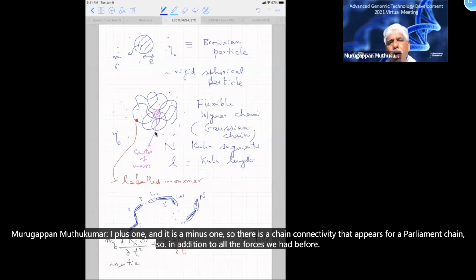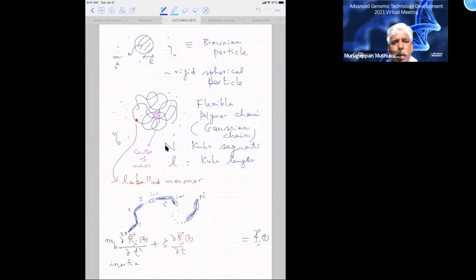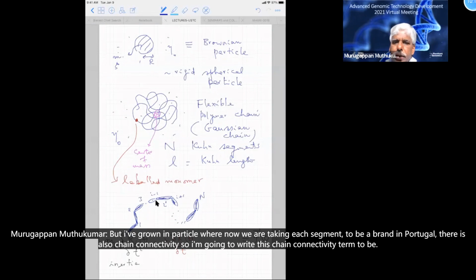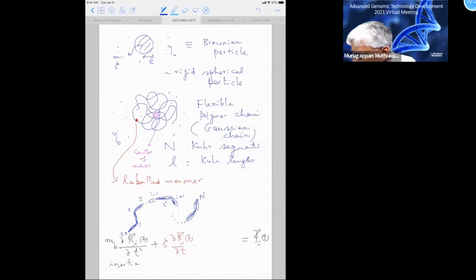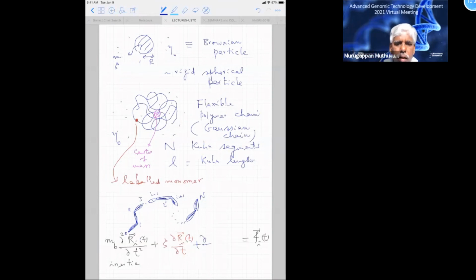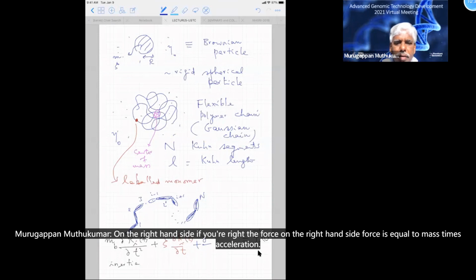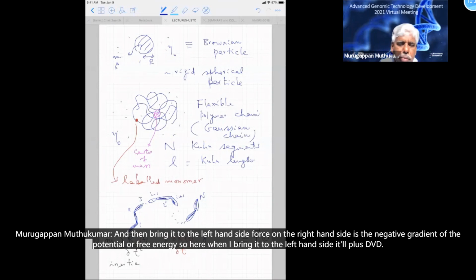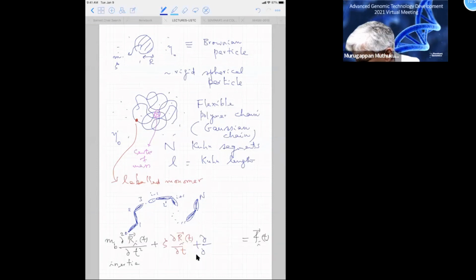So in addition to all the forces we had before for a Brownian particle, where now we are taking each segment to be a Brownian particle, there is also a chain connectivity. So I'm going to write this chain connectivity term as plus d by d r_i of a free energy. That is the chain connectivity force. If I write the force on the right-hand side, force is equal to mass times acceleration, and then I bring it to the left-hand side. Force on the right-hand side is the negative gradient of the potential or free energy. So when I bring it to the left-hand side, it will be plus d by d r_i.